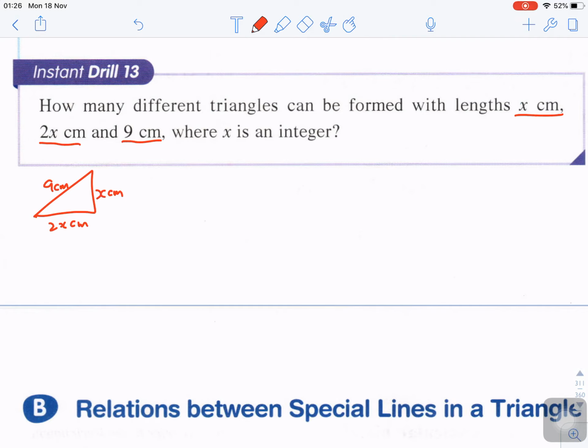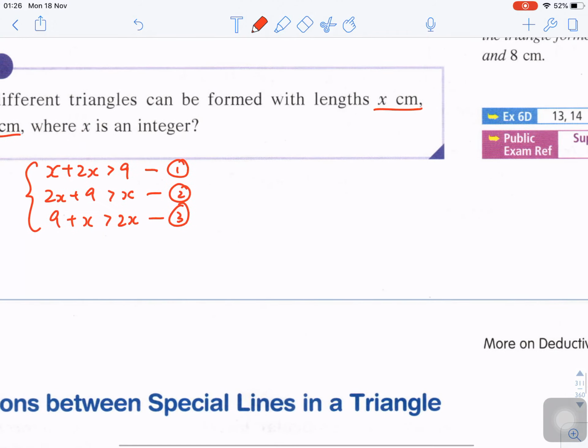We can form three different inequalities by the triangle inequality. Remember, any sum of two sides will be longer than the remaining side. So x plus 2x is larger than 9, 2x plus 9 is larger than x, 9 plus x is larger than 2x.